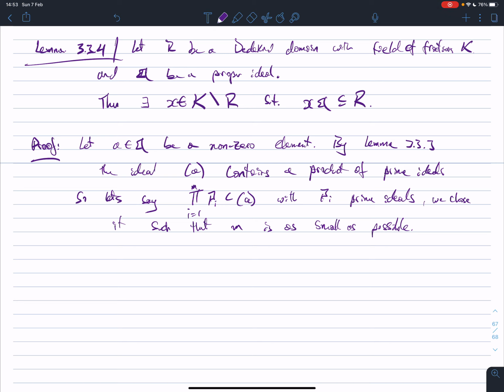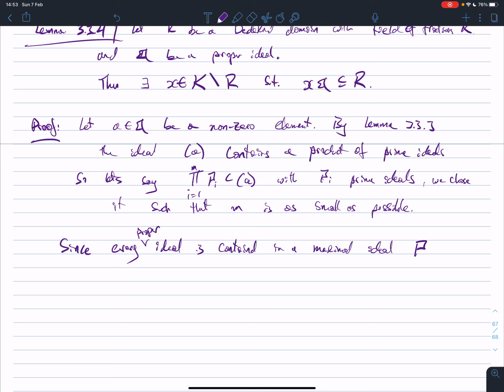From the first few lectures, we know that every ideal is contained in a maximal ideal. So let's try and leverage this. Since this ideal is proper, and every proper ideal is contained in a maximal ideal, which I'm going to just denote P, again this follows from proposition 1.1.22 that we saw right at the start, that every proper ideal is contained in a maximal ideal.